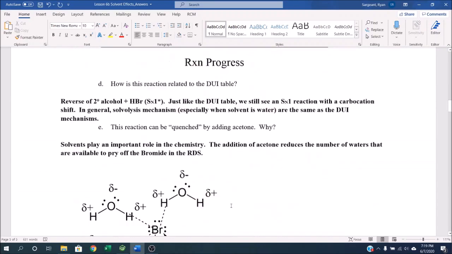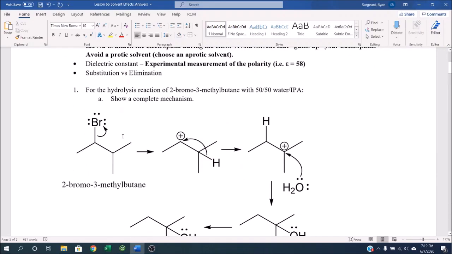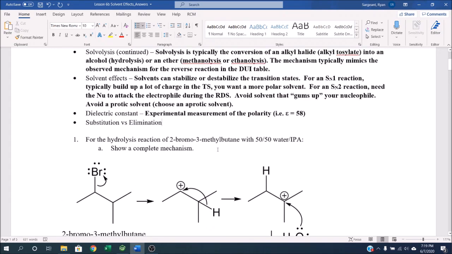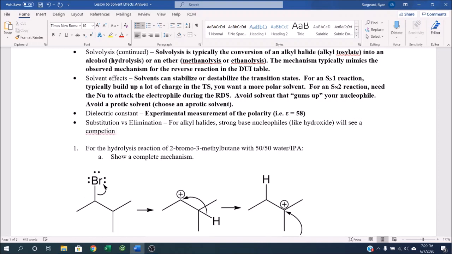Okay, let's make sure we got the last of the definitions. Substitution versus elimination. So for alkyl halides specifically, strong base nucleophiles like hydroxide will see a competition between SN2 and E2.